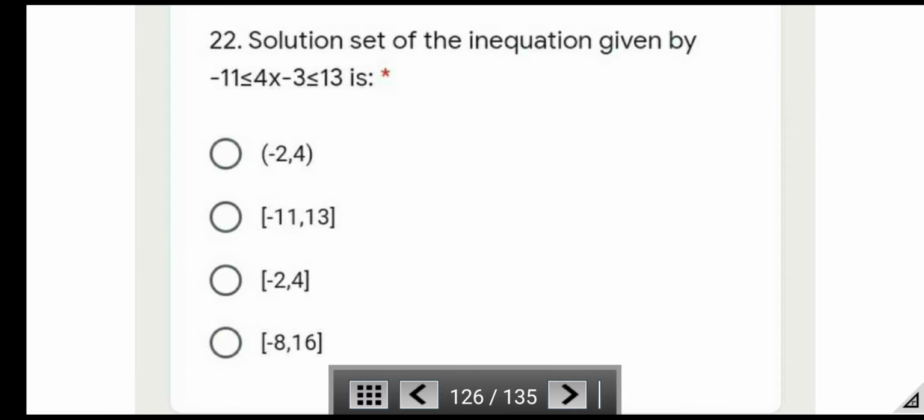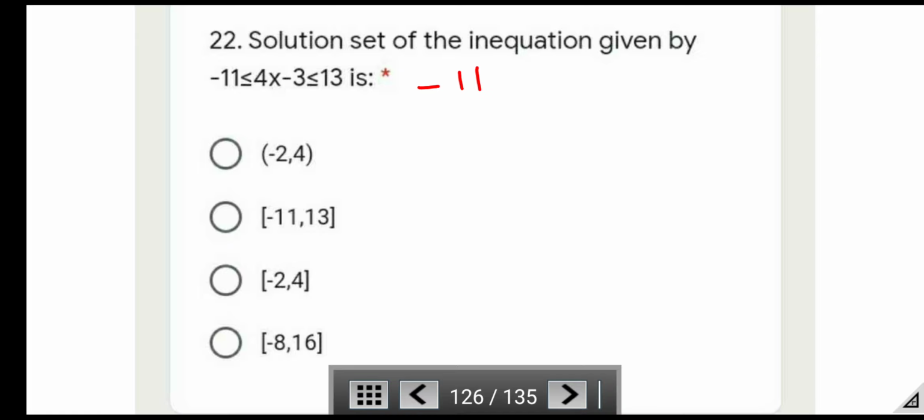Next question. Solution set of the inequation given by minus 11 less than or equal to 4x minus 3 less than or equal to 13. Now solve this inequation.